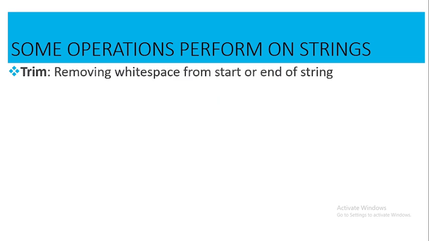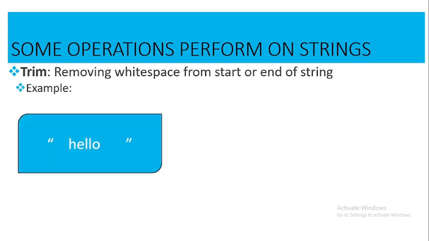The last operation we will talk about here is something called trim, that we can also perform on strings. Trim has to do with removing white spaces from the start or end of a string. What does it mean? Let's look at it in detail.